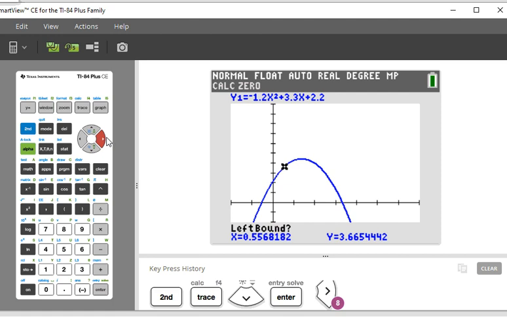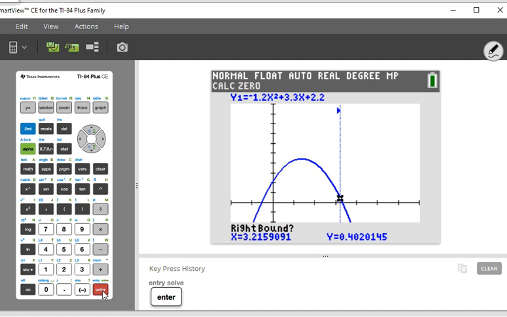Scroll way over, and again, this one's a little tricky. We want initially to be on the left side of the intercept. So if there's the intercept, we initially want to be left of the intercept, which means we need to be above it. For this case, we need to be slightly above the intercept, hit enter.